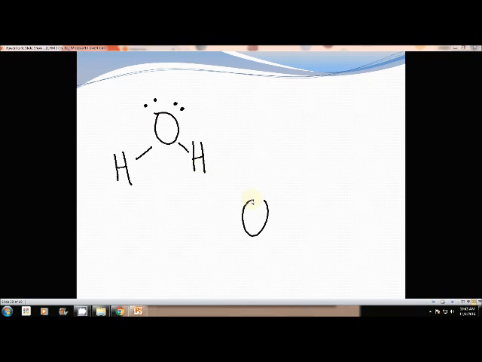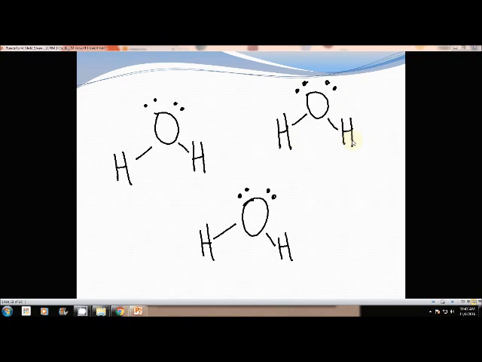This is a polar molecule because the oxygen has the unshared pairs. We could label this dipole-dipole if we wanted to. For hydrogen bonding, we have to know slightly positive, slightly negative charges. So which part of the molecule is going to be the slightly positive part? The hydrogens, because the hydrogens have fewer electrons around them, and the oxygen has more.